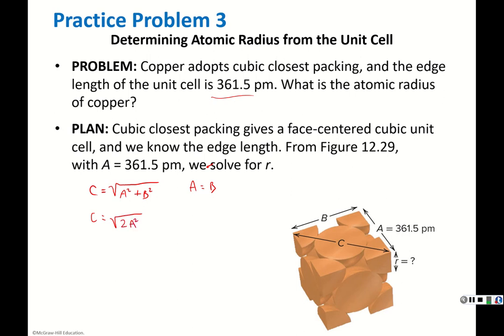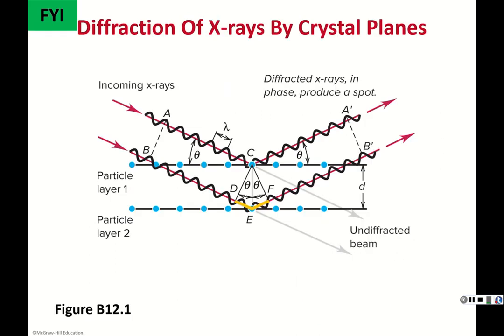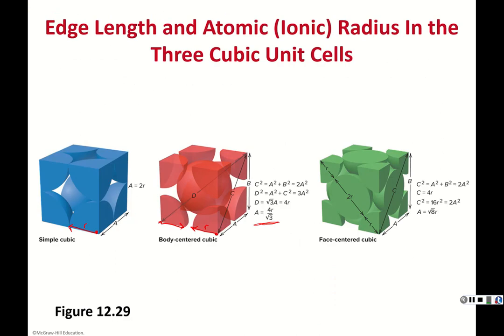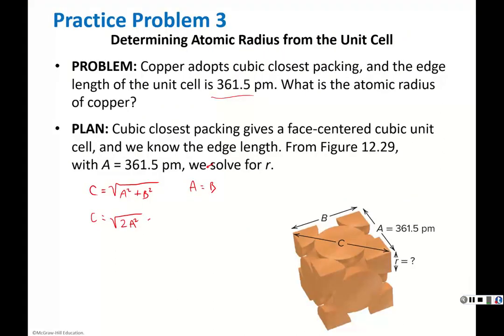And we're told A is 361.5 picometers. So 361.5 squared times 2, and then take the square root. And hopefully I did that right. I get 511.2 picometers.